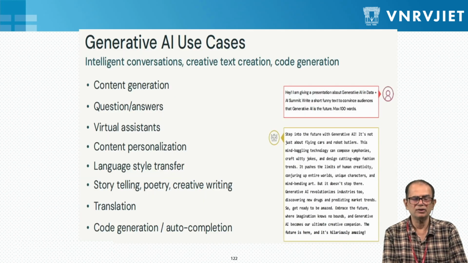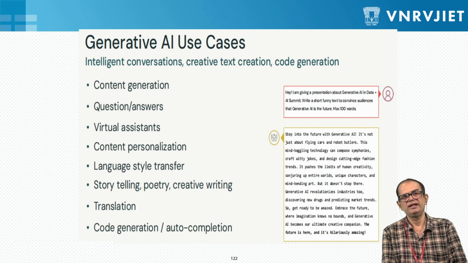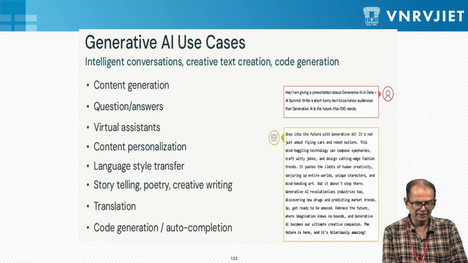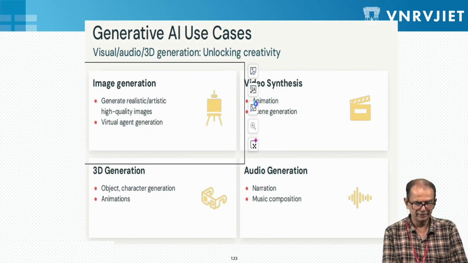Let me talk about some of the use cases of generative AI. Some of the use cases of generative AI are content generation, Q&A, and virtual assistants. Okay, these are some of the use cases of generative AI that we can have going ahead. And when we generate an image, this is also one of the use cases of generative AI.